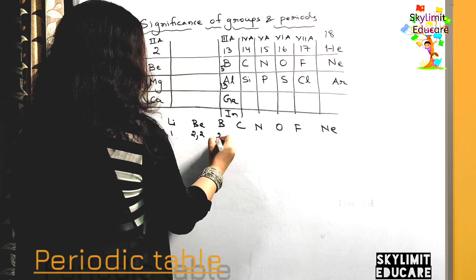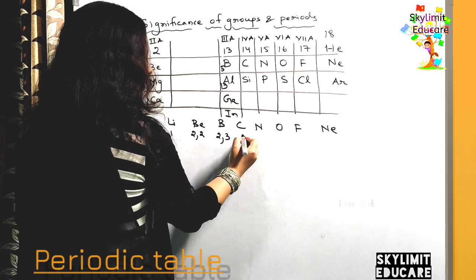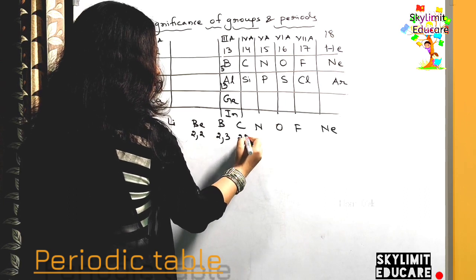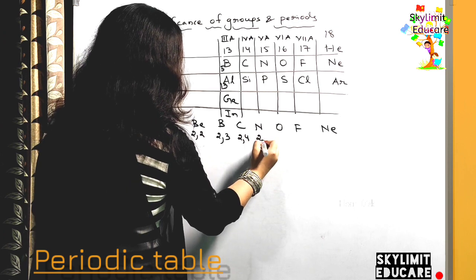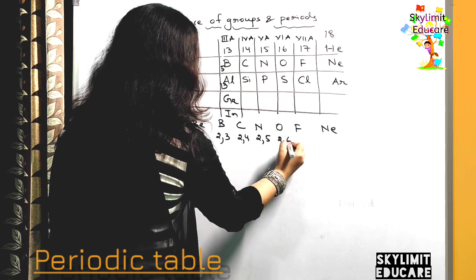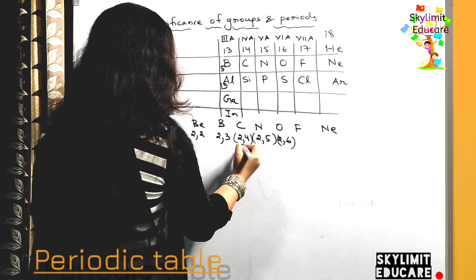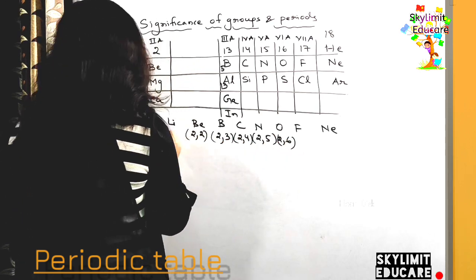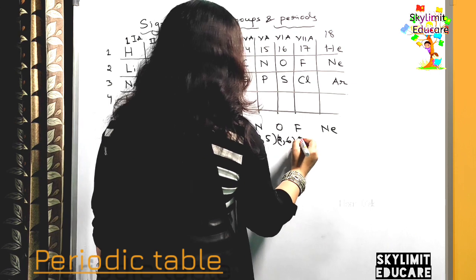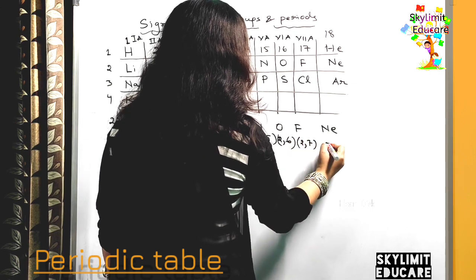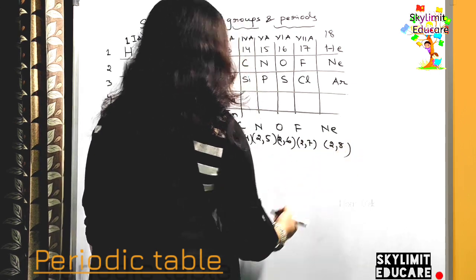Boron is 2, 3, then carbon is 2, 4, nitrogen is 2, 5, oxygen is 2, 6, right? Fluorine is 2, 7 and neon is 2, 8, okay.